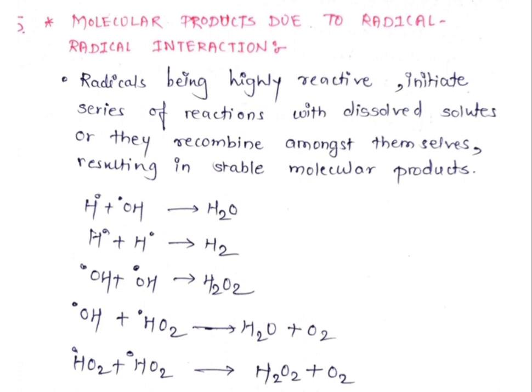See here, radicals are highly reactive as we know, because each radical tries to join with another radical and there is a neutralization of them. So they initiate a series of reactions with dissolved solids or they recombine amongst themselves. As H radical and H radical are present in the system, there is a recombination, a formation of a bond.